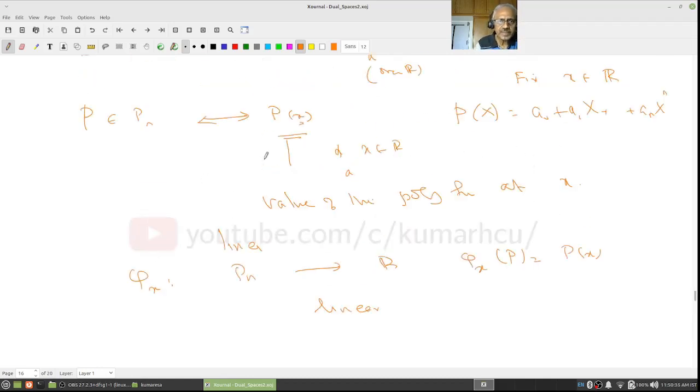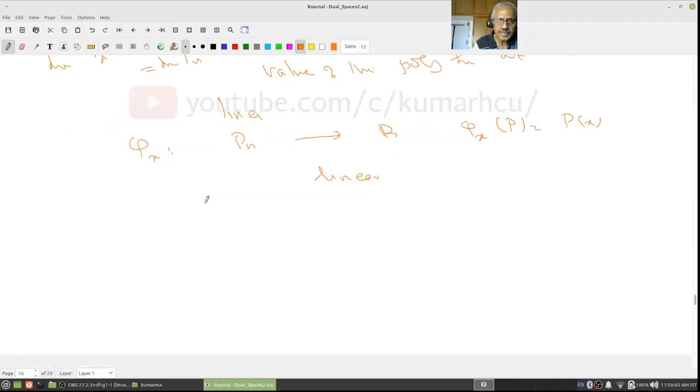Now I have produced a lot of linear things. Remember, Pn is finite dimensional, therefore Pn star is also finite dimensional. The dimension is n plus 1, the dimension of Pn. So a natural question: suppose you give me distinct points x0 to xk, that is k plus 1 points, and let phi i equal phi of xi, for 0 less than or equal to i less than or equal to k.